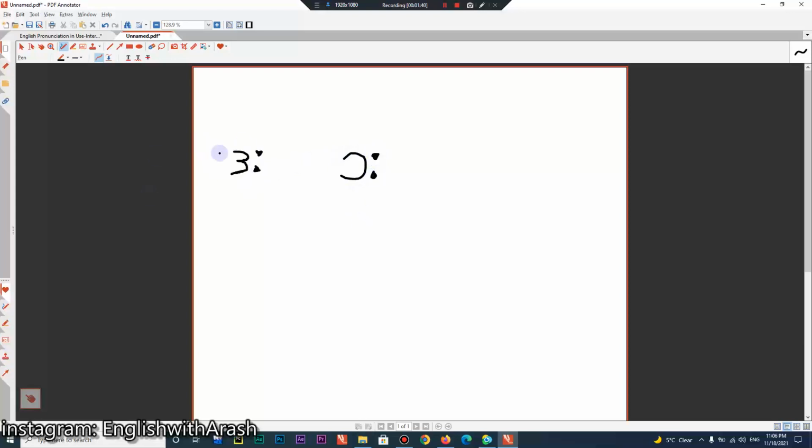So if I want to give you examples for them, I can give you examples like this. Shirt. But here I have to say short. So here you see that this is the A sound. Your mouth is quite relaxed when you are saying that.